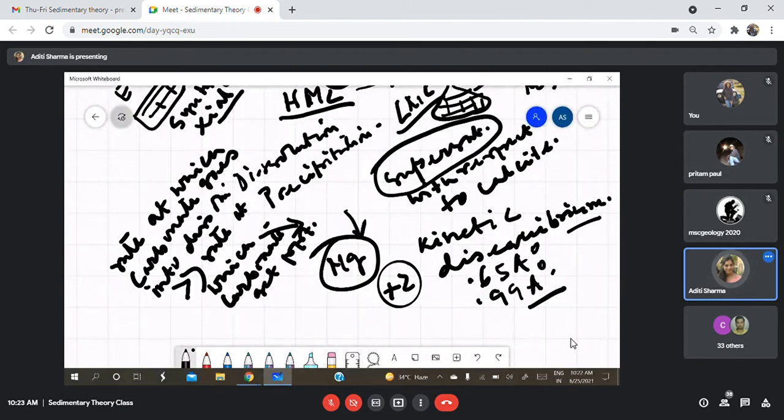Mg is neither allowing the Ca to enter into the structure, nor is it forming the structure properly because it has an affinity to H2O to form Mg(OH)2. So what is happening is that the dissolution of the metastable carbonate continues. So this kinetic disequilibrium is what basically makes the water supersaturated with respect to calcite. Okay?